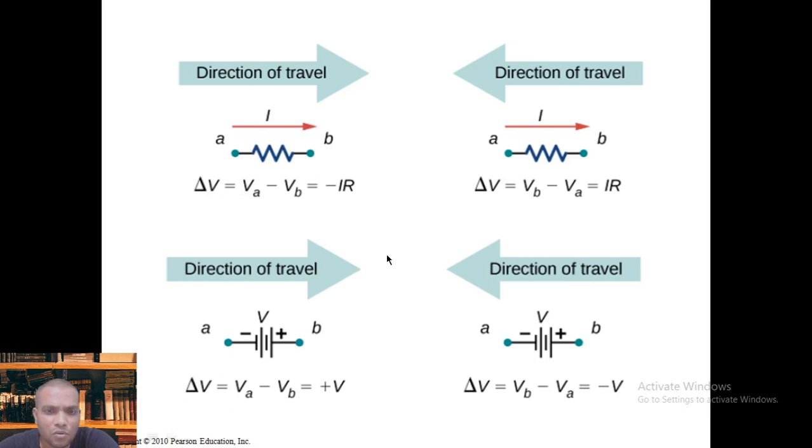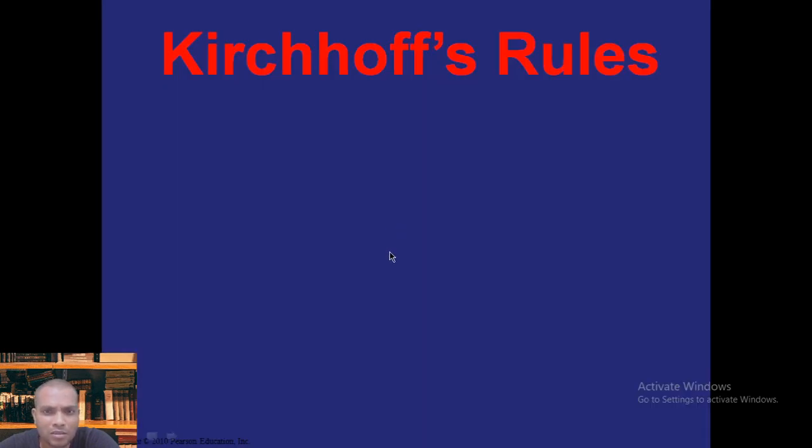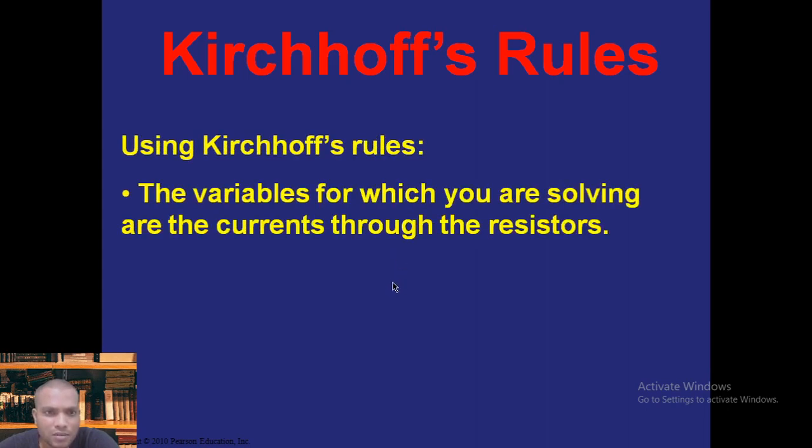So these four rules we need to apply while applying Kirchhoff rules for a given network. Using Kirchhoff rules, we need to find the variables asked, like current, resistance and potential difference across the resistors.